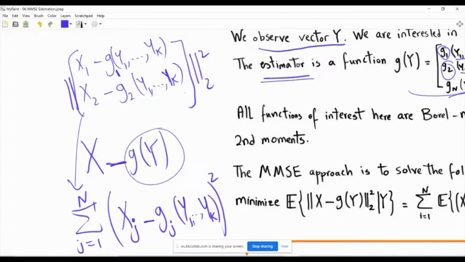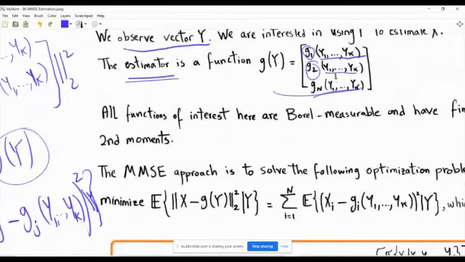And so what we will do is obtain those functions g such that the expectation of this thing given y is minimized. This is the idea of MMSE. It's not the only idea in estimation. There are so many ways of designing estimators. It's one of the plausible ideas, and it is very useful to know and understand.